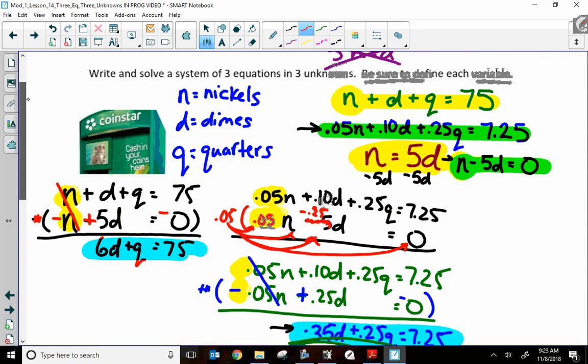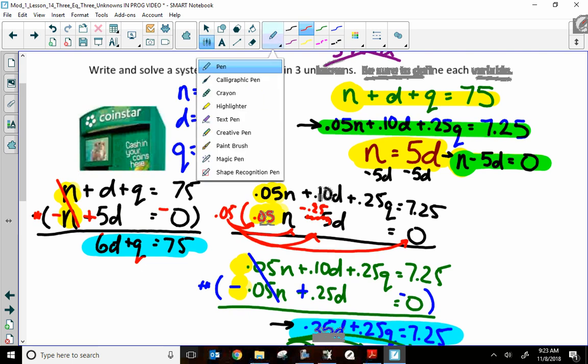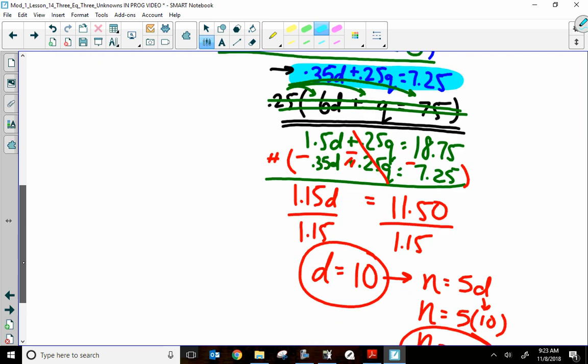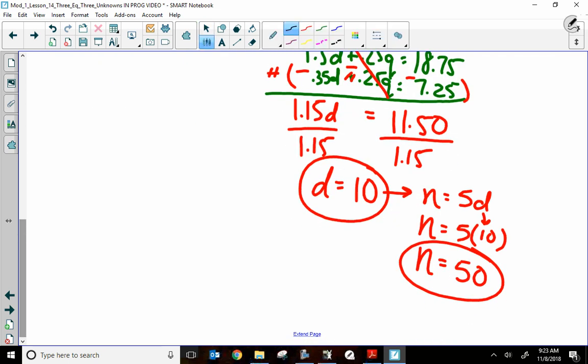Good. Now I need to pick one more equation to find my quarters. You should know which one I'm going to pick. This one is so much easier. If I add up all my nickels, dimes, and quarters, it should be 75. So nickels plus dimes plus quarters equals 75. My nickels, 50.